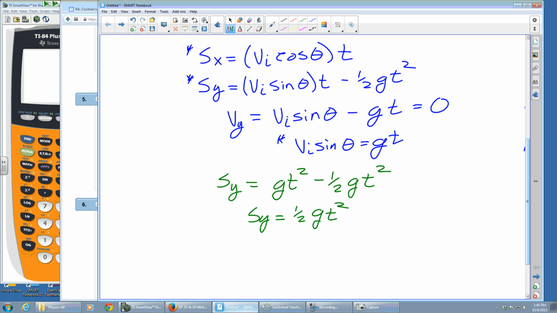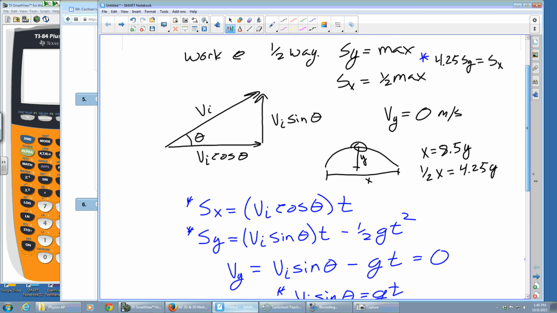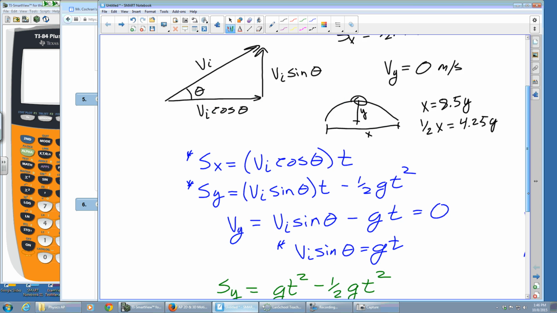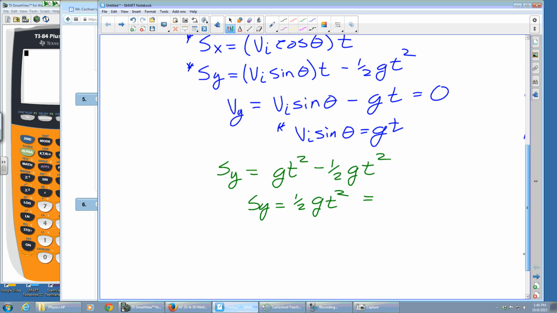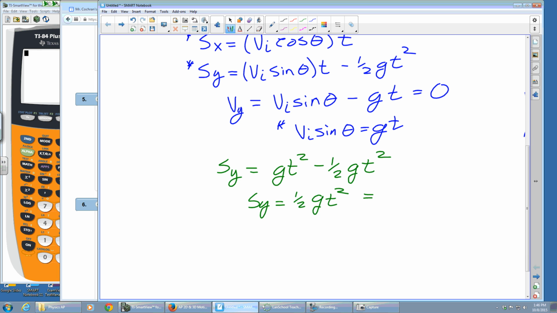Show that equals, using this one, let's see. That equals, so we can say that Sx equals 4.25 times 1/2 gt squared, right?